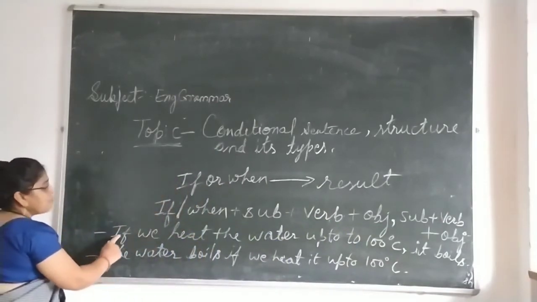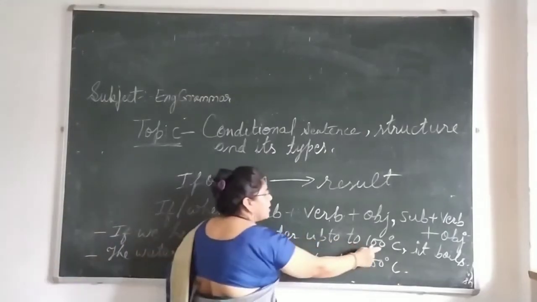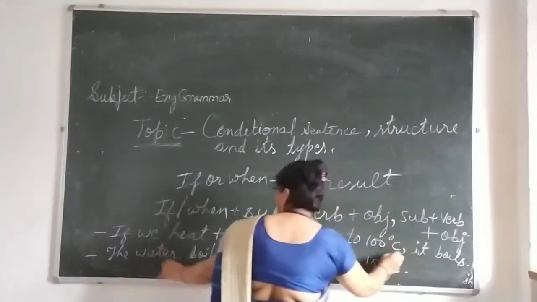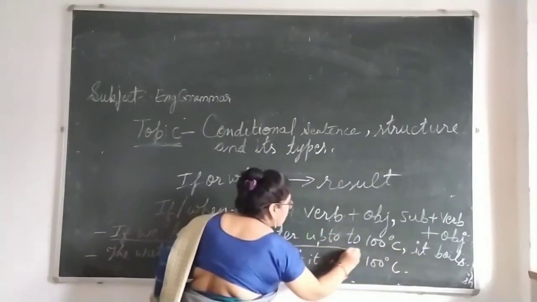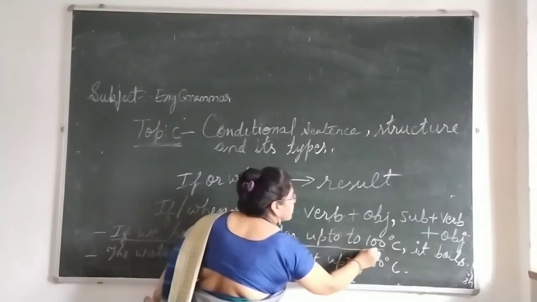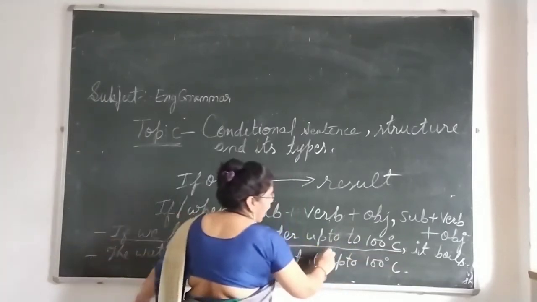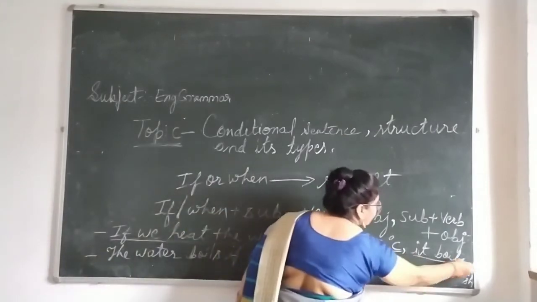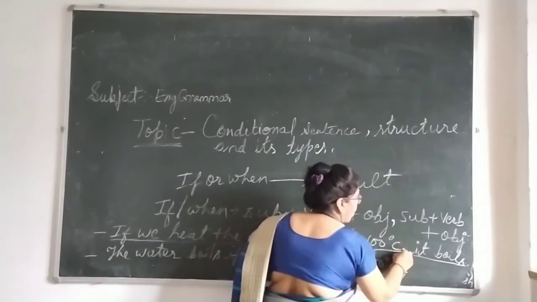See here. If we heat the water up to 100 degrees centigrade. This is because if is used in this part of the sentence, so the whole part, this is the first part of the sentence, this is conditional and this is the other part of the sentence. We have divided it by putting the comma.